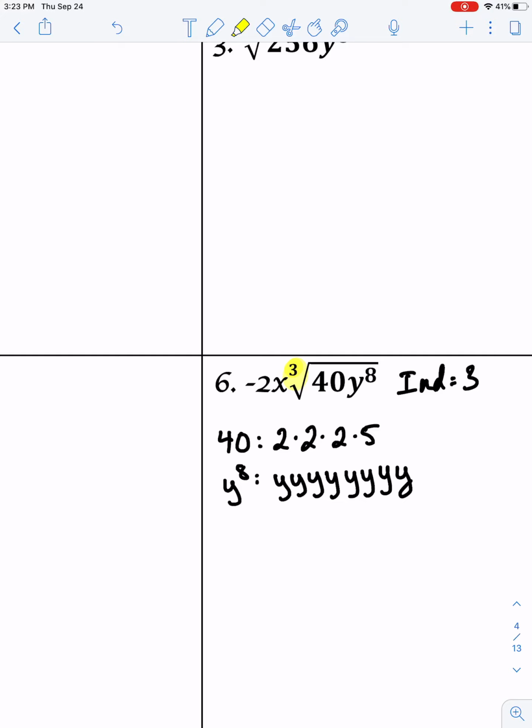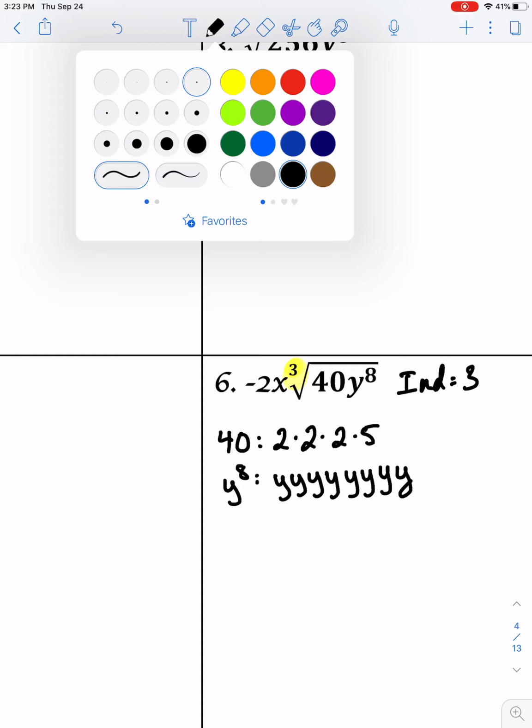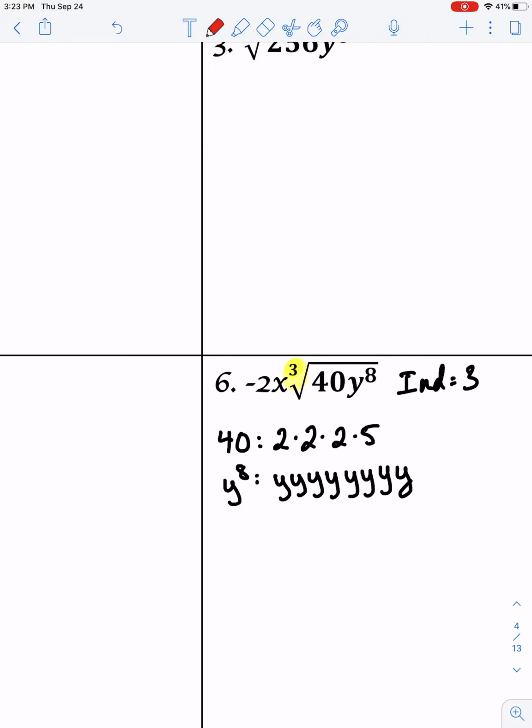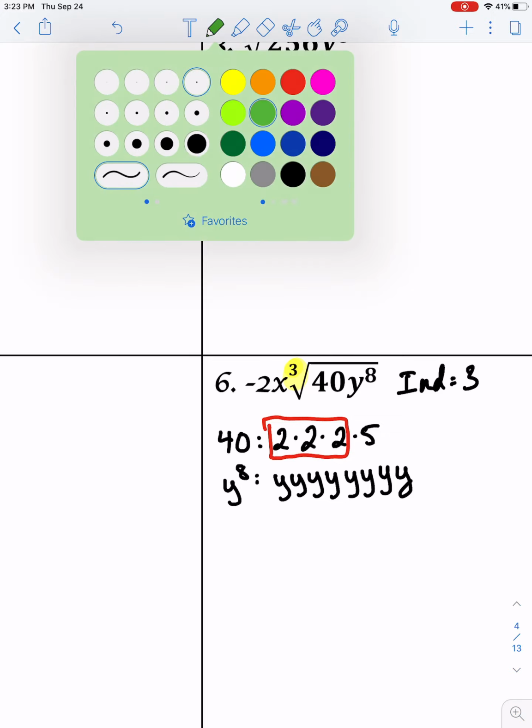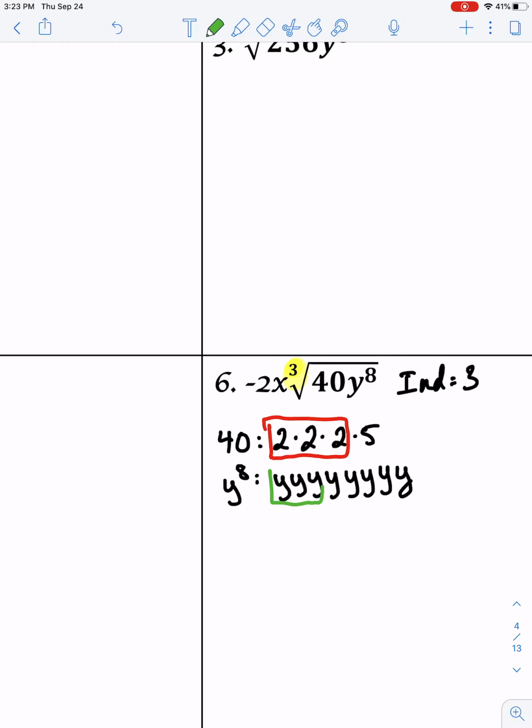Again, I want to circle things that can be grouped together. Your index number tells you how many must be in a group. So I've got three 2s, I make a group. I have to have 3 y's, and I have another 3 y's.